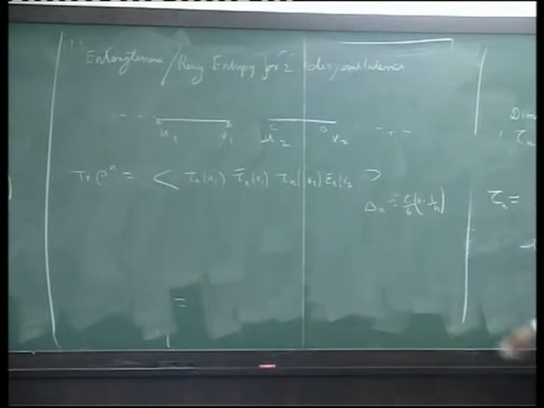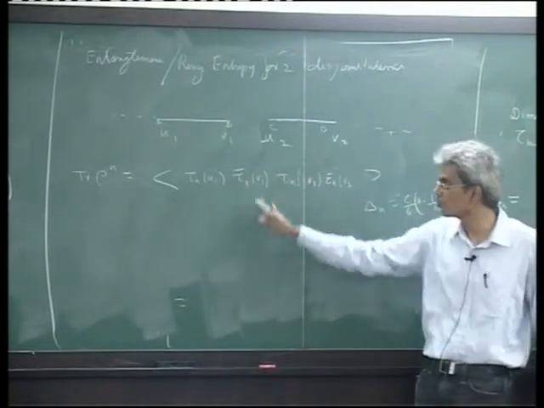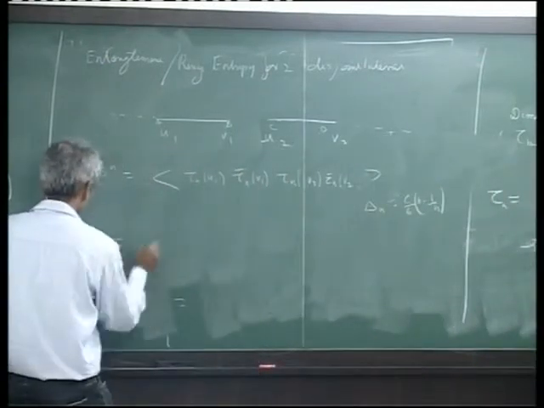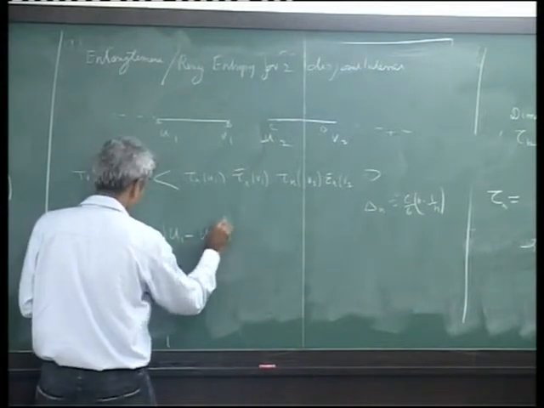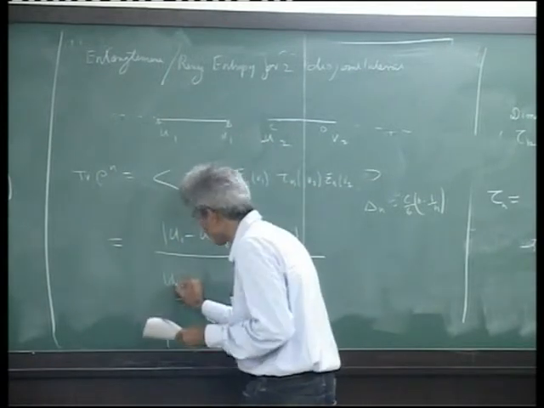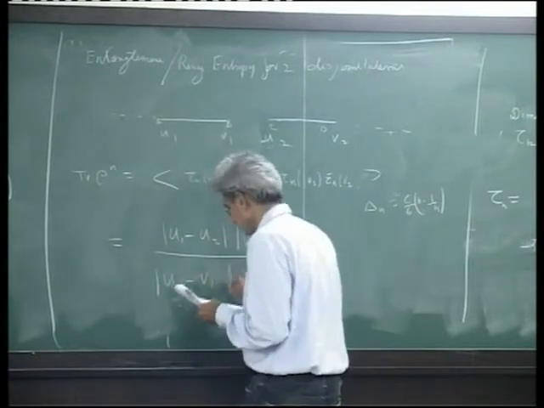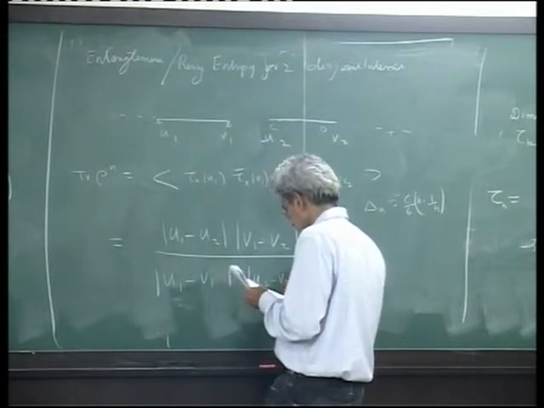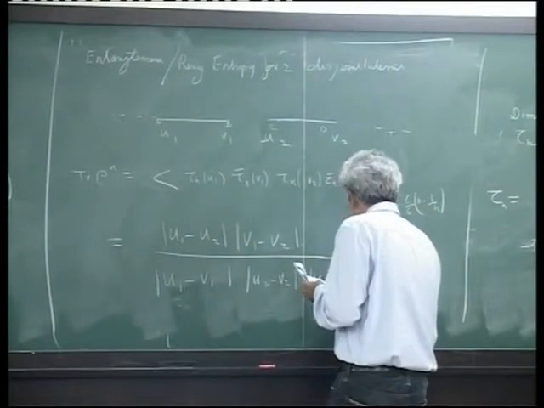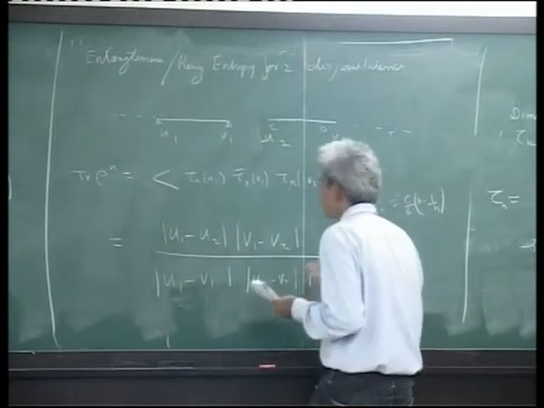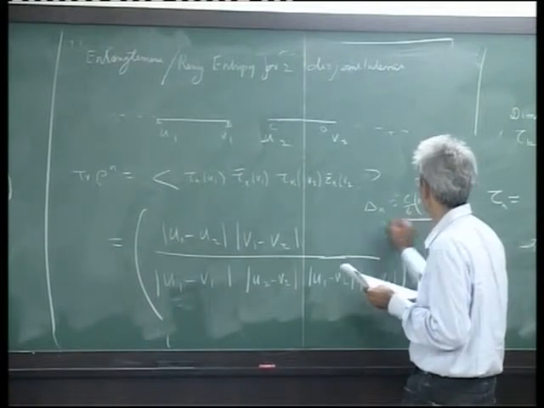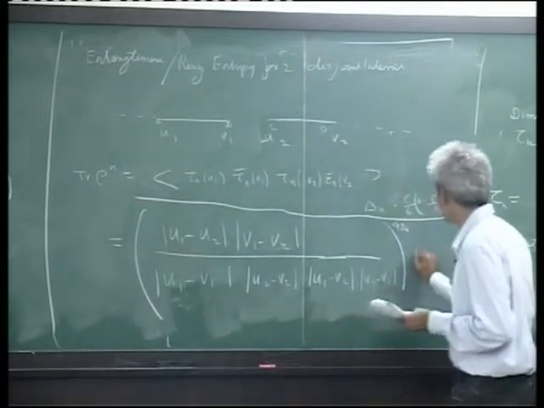Of course, using global conformal invariance, you can reduce this expression to the following: u1 minus u2, v1 minus v2, by u1 minus v1, u2 minus v2, u1 minus v2, u2 minus v1, to the power 4 delta n, times a function of the cross ratio.